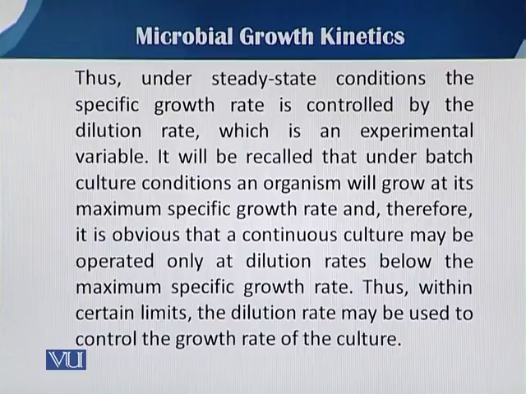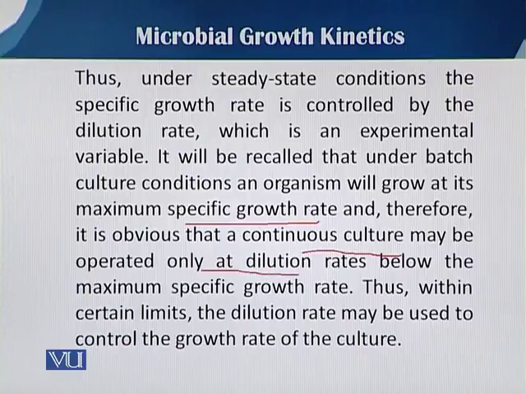In this case, we can recall that under batch culture conditions, an organism will grow at its maximum specific growth rate. Therefore, a continuous culture may be operated only at a dilution rate below the maximum specific growth rate.